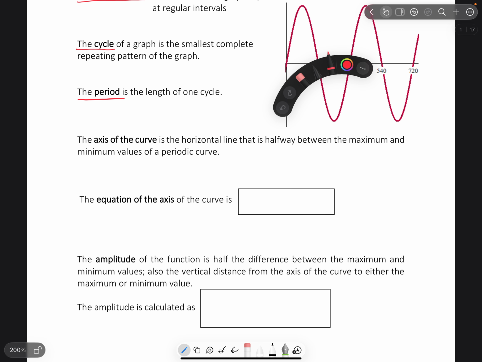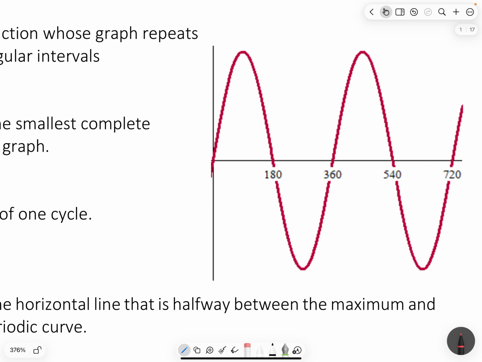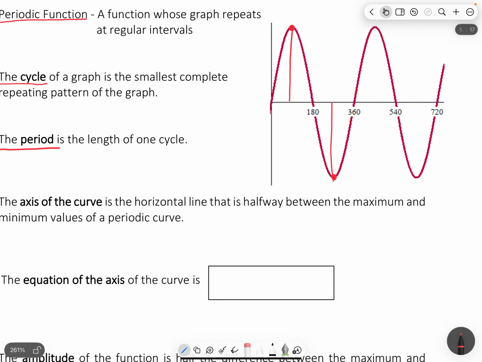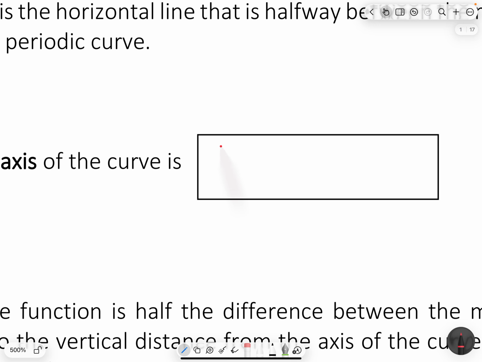Now we can get into the equation of the axis of the curve. As I stated earlier, the axis of the curve is halfway between the maximum point and the minimum point. So what we could do is find the y value for the maximum point, y max, plus y min, divided by 2, because that gives us the half.